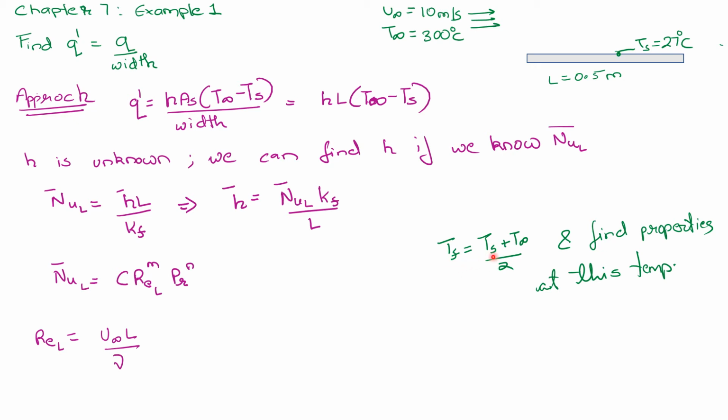It's the average temperature between the surface and air temperature, and we'll find our properties using table A.4, which is at the end of your text in appendix A.